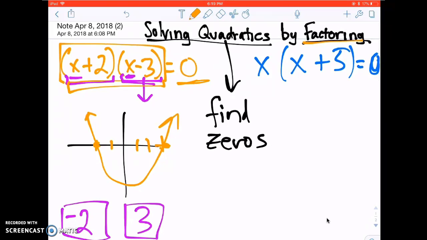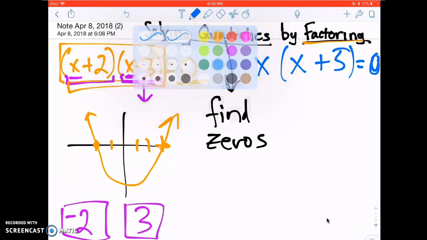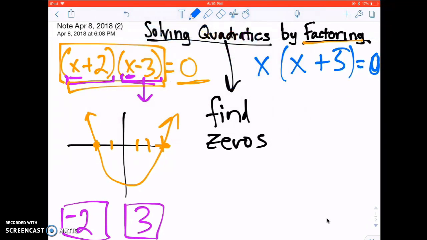If we take a look at the equation on the left-hand side now, obviously it looks a little tiny bit different, but we have an x by itself here, and we have a parentheses here. So if we can make either this side 0 or this side 0, that would give us a real nice solution. Let's start with the parentheses. What can we plug in for x here that would make this whole parentheses equal to 0, effectively making the whole equation 0?